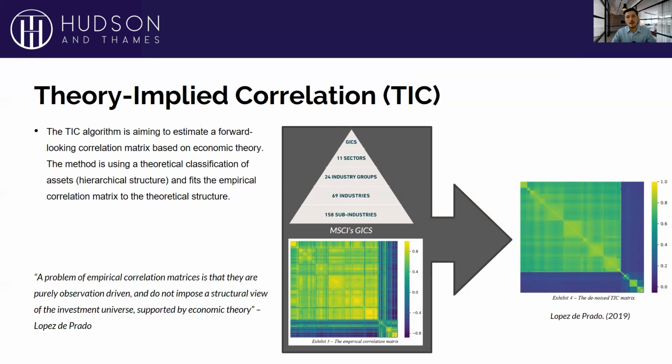So we can give a big chunk of news to analyze to a machine learning algorithm, and it may come up with a custom hierarchical structure that can be used to denoise the empirical correlation matrix. This method allows to combine the backward-looking approach from the correlation matrix and a forward-looking theoretical structure.